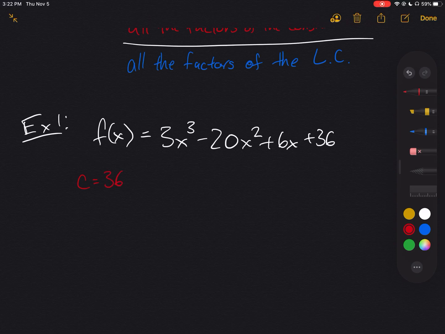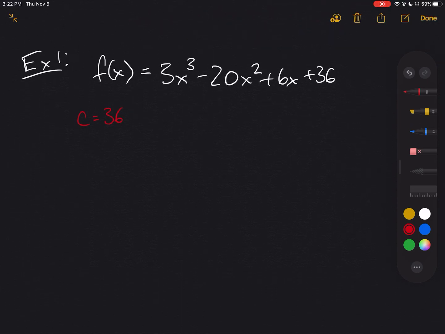So all the factors are 1 and 36, 2 and 18, 3 and 12, 4 and 9. Nothing with 5, but I can do 6. Nothing with 7, and can't divide it by 8. So those are all of the factors of the constant term.